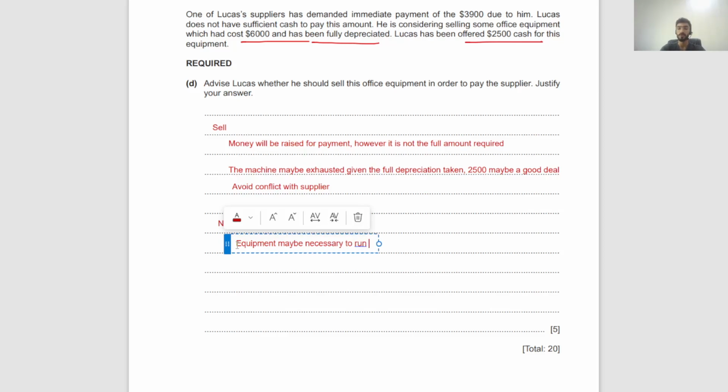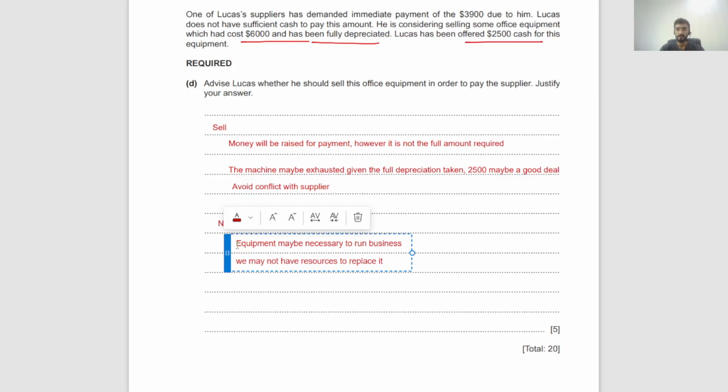We may not have resources to replace it. Even if it is fully depreciated, it may still be useful. It's depreciated on the book. The physical equipment is still there, it exists. So we may not have resources to replace it.